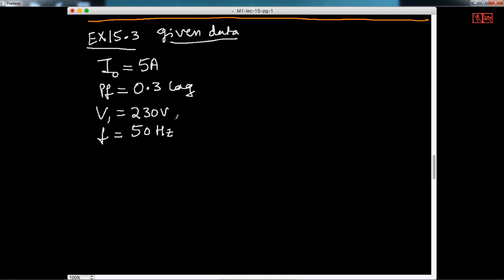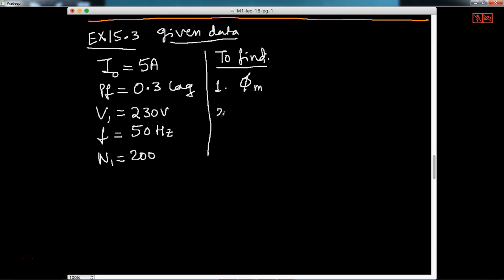The number of turns in the primary winding is 200, so N1 is equal to 200. Given this data, we need to find three things. First, the maximum value of flux.